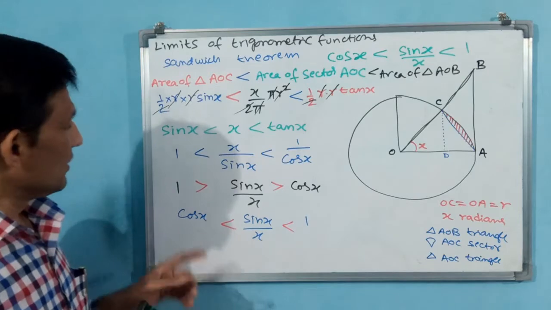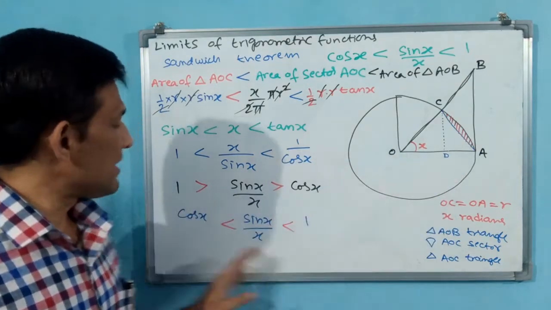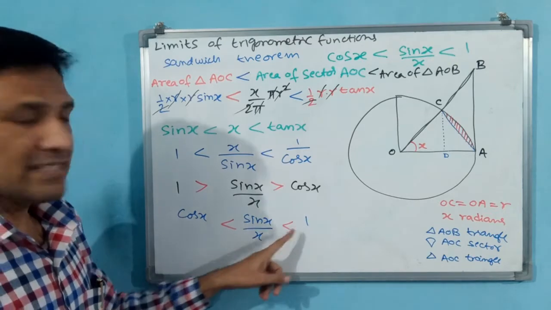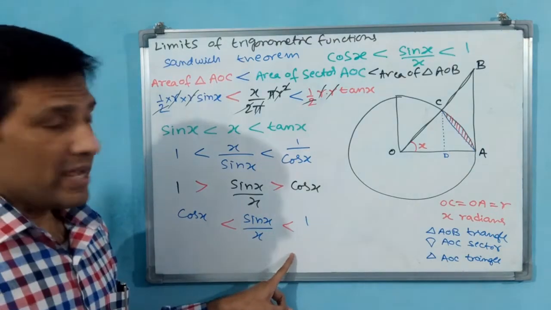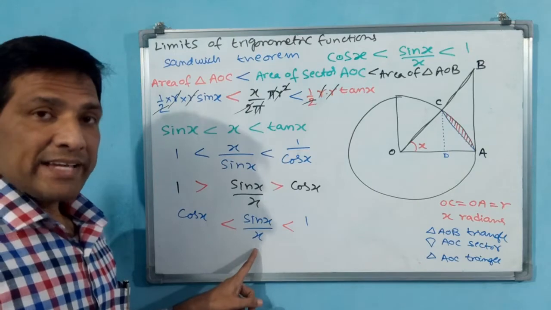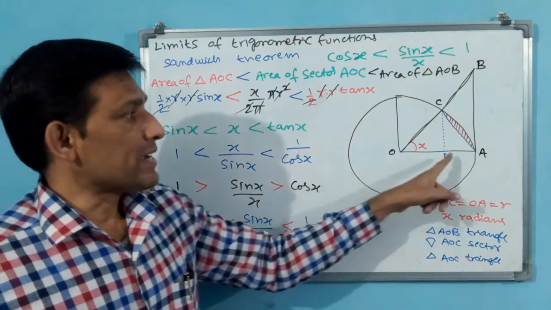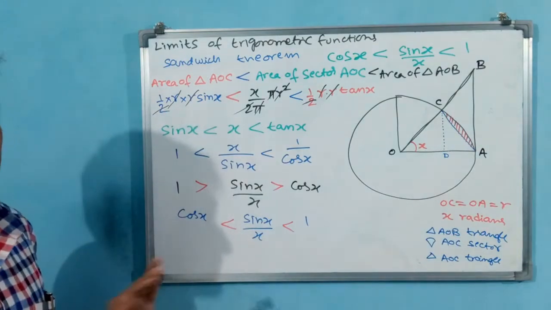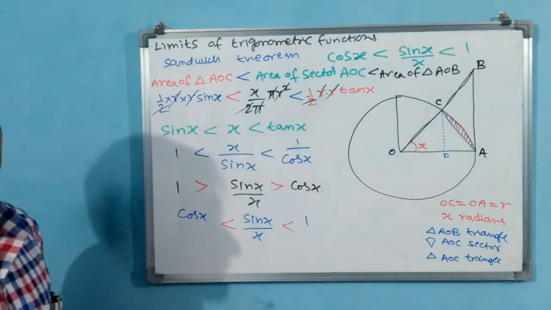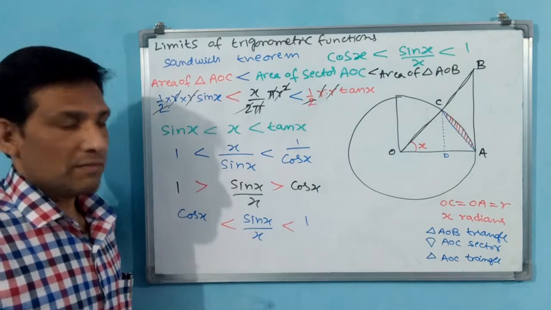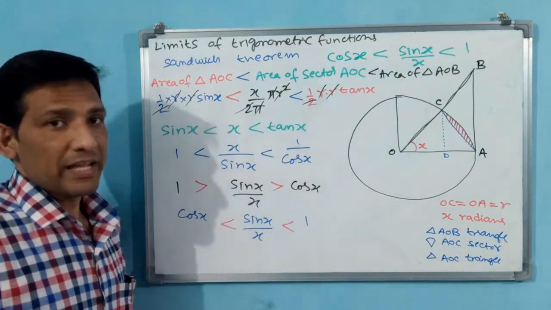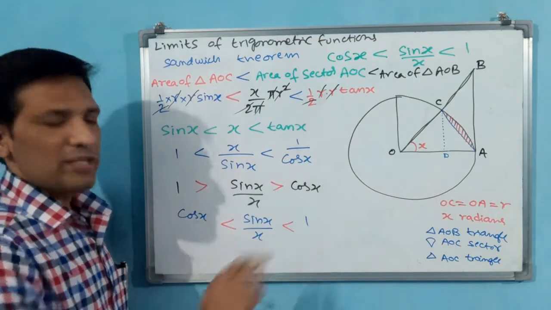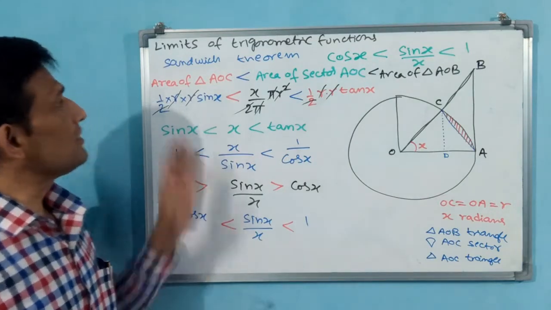Now we can say that we have proved by the sandwich theorem that cos x is less than sin x by x, which is less than 1, provided x is a positive angle in radians between 0 and pi by 2. That condition you have to apply, or else this theorem is not for any angle. For the first quadrant only, all positive, only there it is possible.